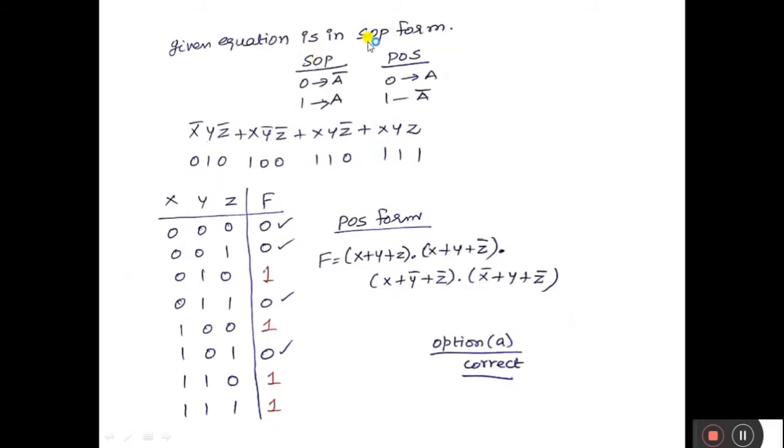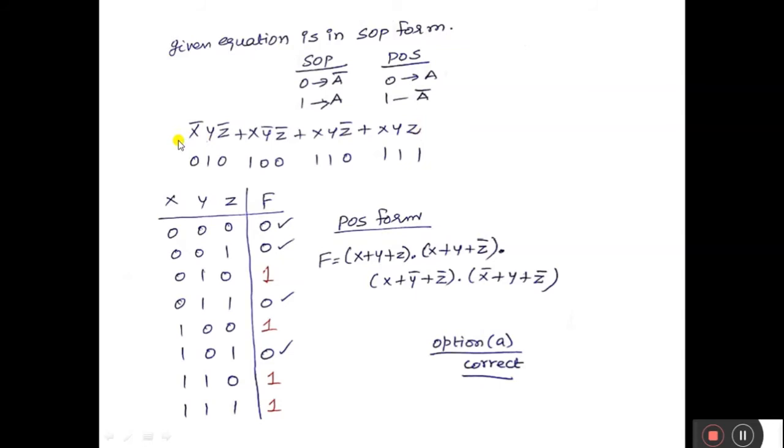In general, in SOP form 0 is represented as A bar and 1 as A. In POS form, 0 is represented as A and 1 as A bar. The given equation is x bar y z bar plus x y bar z bar plus x y z bar plus x y z.